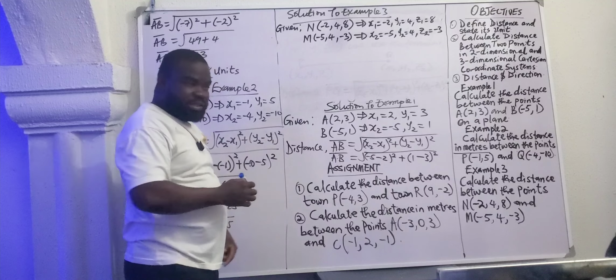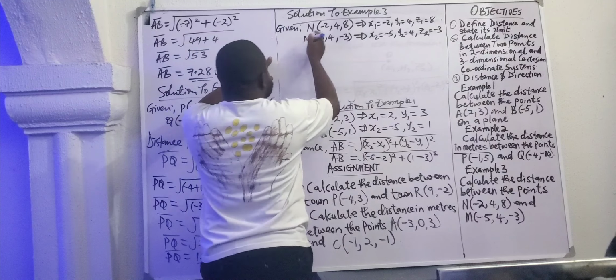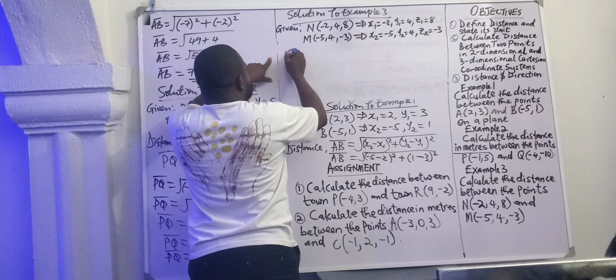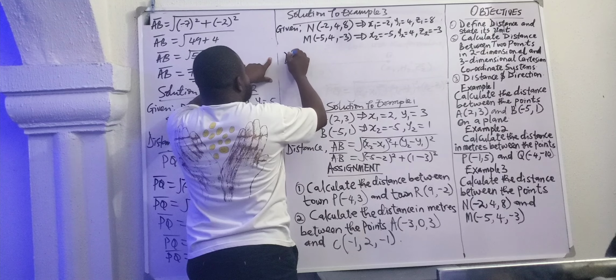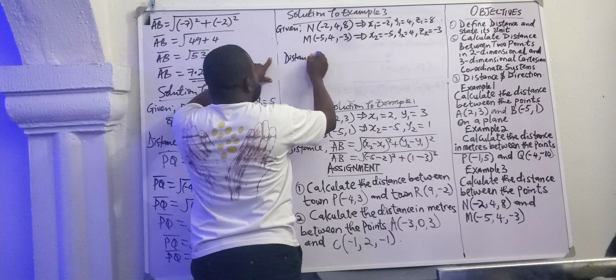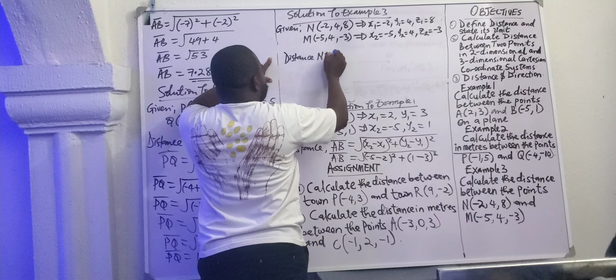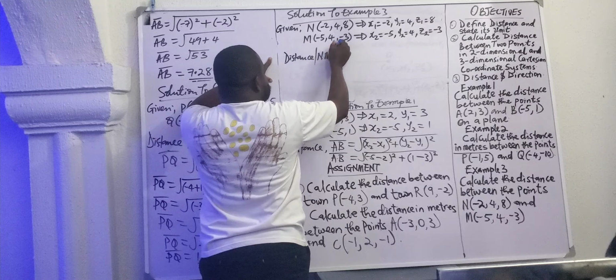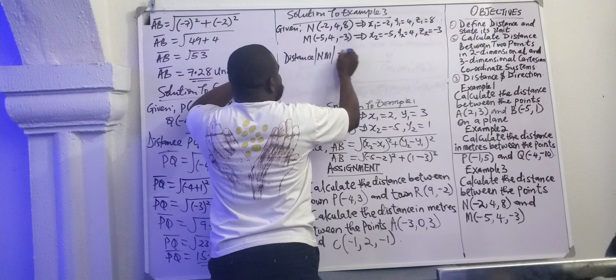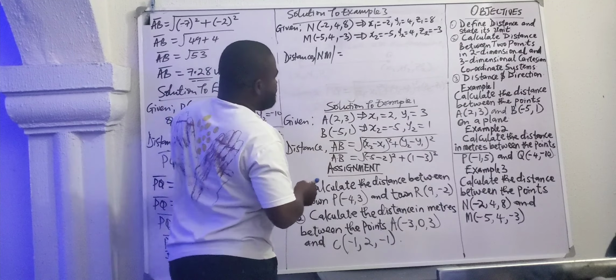So to get the distance between the 2 points MN, so we say distance MN, that's line MN. Let me use this symbol now. You can choose to use any one.